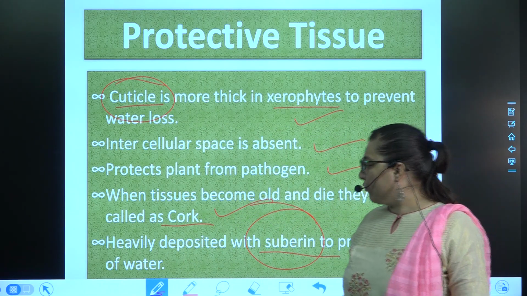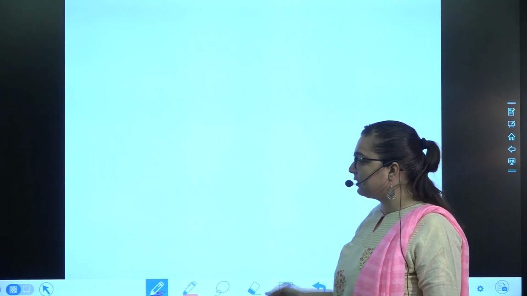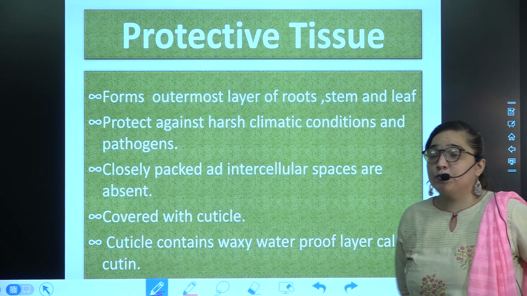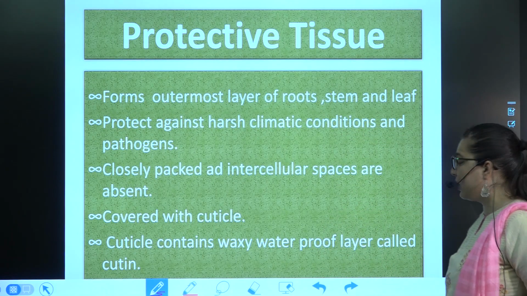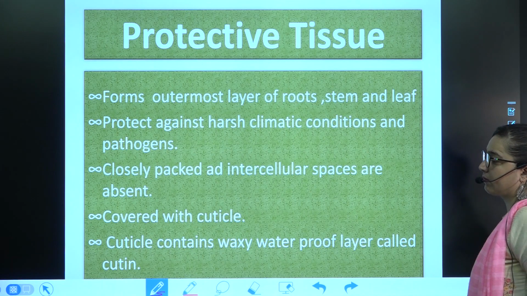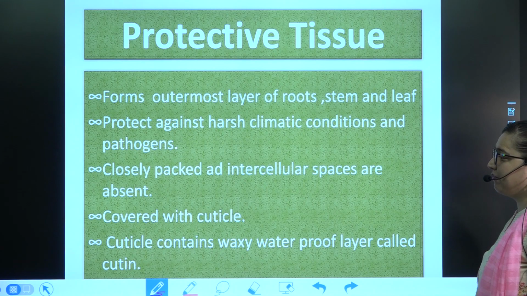So first note down the content that was before this and the next one. You have 2 minutes to note it, quickly note it down. There are just 5 points.